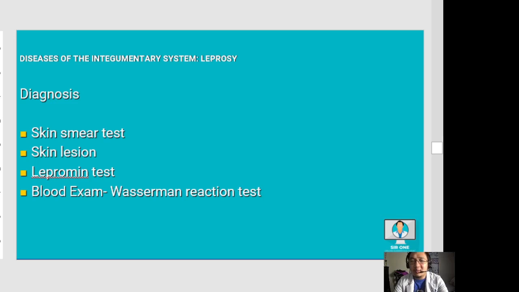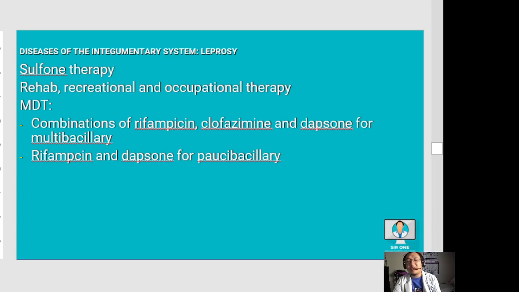Then we have lepromin test, we have Wasserman reaction tests. Then the therapy here is on Dapsone or sulfone therapy, used also with rehabilitation activities, recreation activities, and occupational therapies.